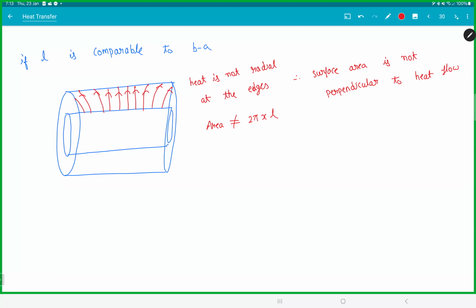Clear with this? But even when you take the length very small, there is a problem at the edge, but you can ignore it. It is too small. So when you say L is much greater than b minus a, we are actually looking at something like this. We got a cylinder with a very small thickness.